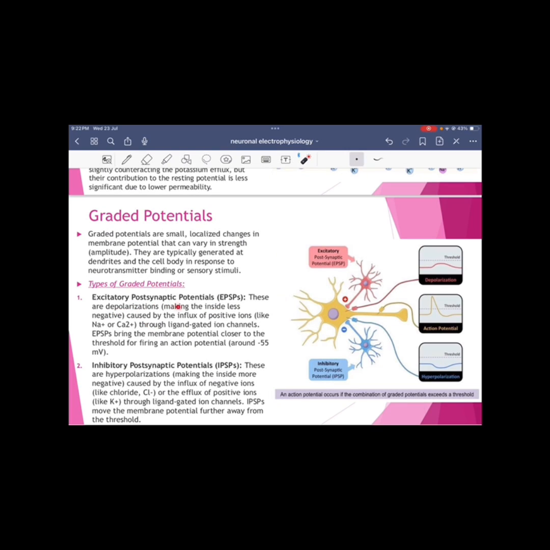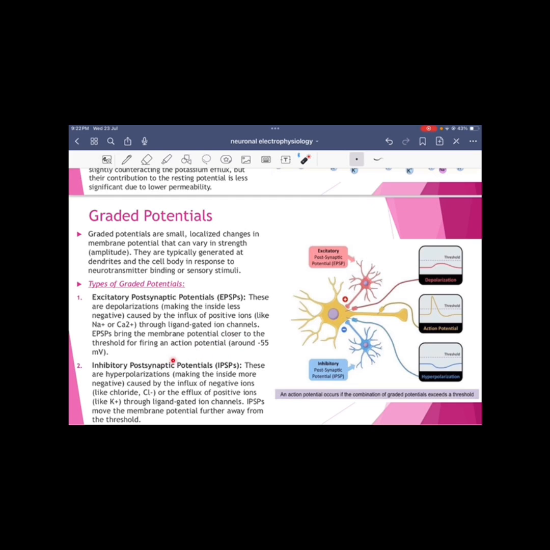The excitatory postsynaptic potentials cause depolarization, so making the inside of the cell less negative. They are caused by the influx of positive ions like sodium or calcium through ligand-gated ion channels, so they can make the inside more positive and less negative.